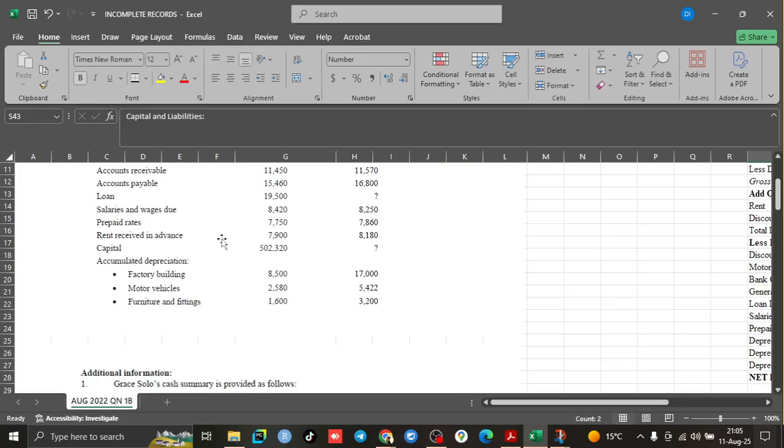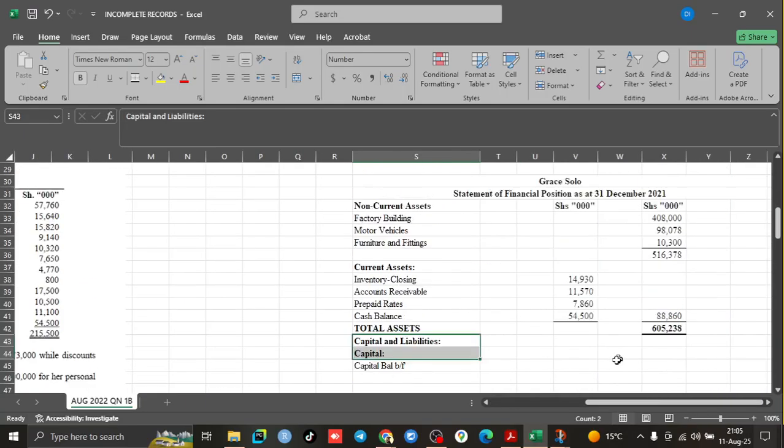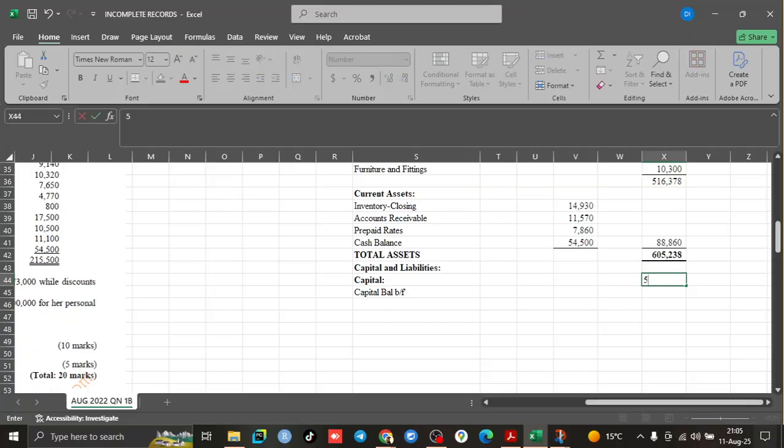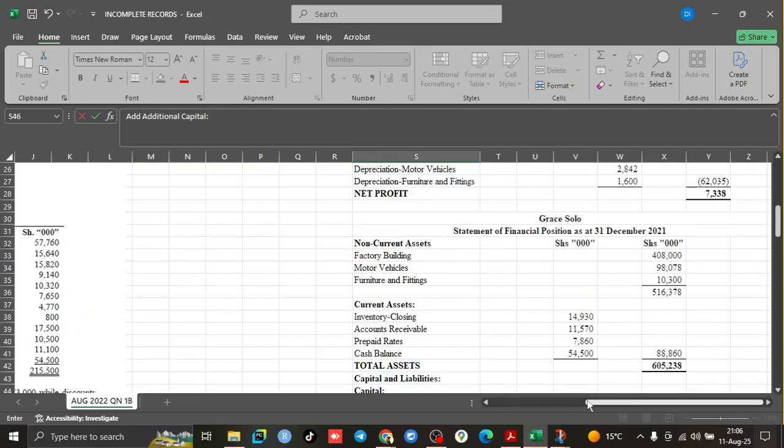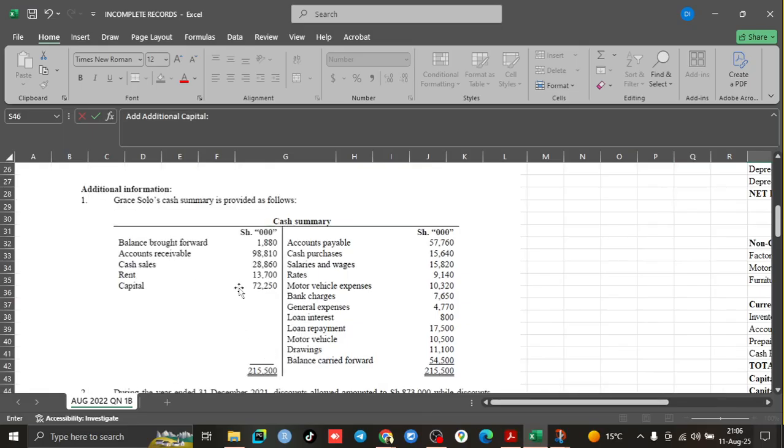So 502,320. Add additional capital, which is in the cash summary. We added some additional capital, because we always debit cash, credit capital when you add capital. So plus 72,250.